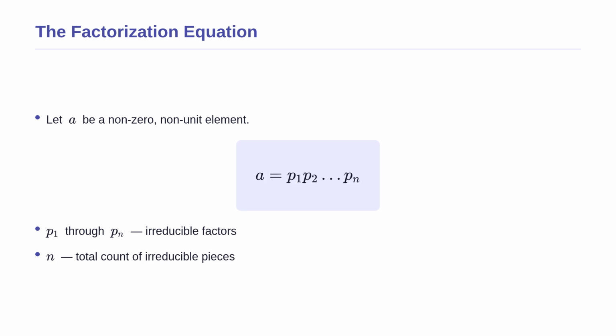The subscript n simply tells us the total count of these irreducible pieces. Conceptually, this formula states that our starting element can be successfully dismantled into a specific, finite number of fundamental parts. If n increases, it means the element is made of more building blocks.